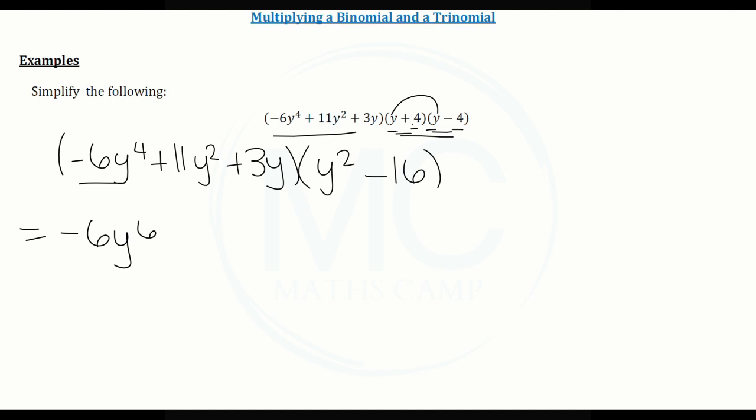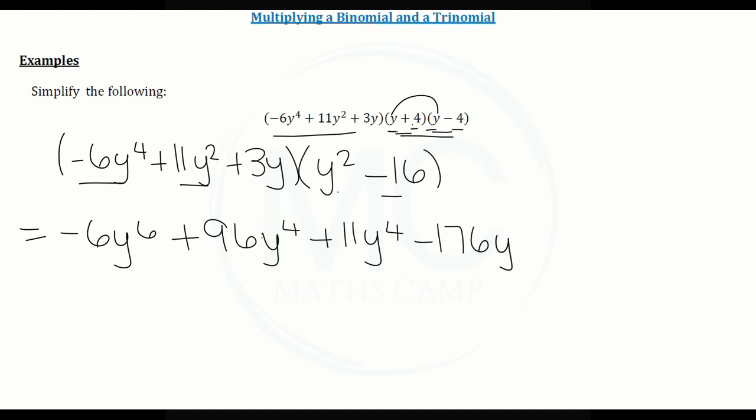Negative 6y to the 4 multiplied by negative 16 gives us positive 96y to the power of 4. Now let's multiply 11y squared by the binomial. 11y squared multiplied by y squared gives us positive 11y to the power of 4. 11y squared multiplied by negative 16 gives us negative 176y squared.